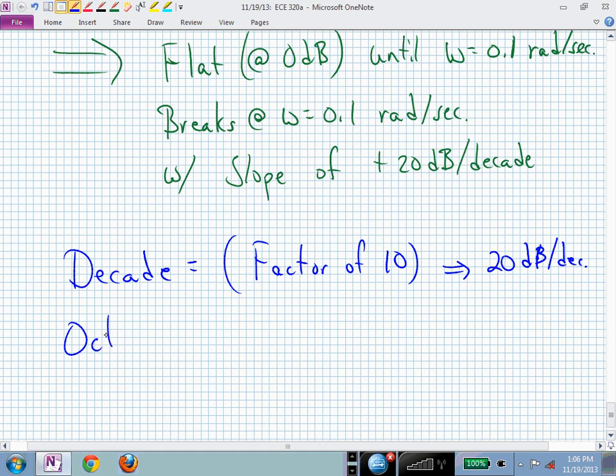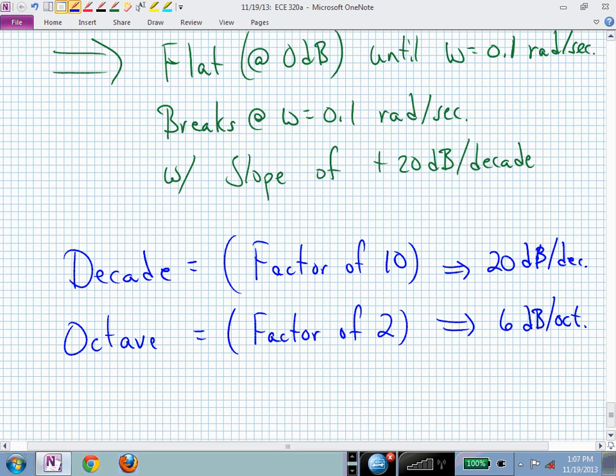If I went up an octave, that's a factor of 2, isn't it? And that corresponds to 6 dB per octave. That's the same slope, it's just over a different expanse of frequency, either a factor of 2 or a factor of 10.